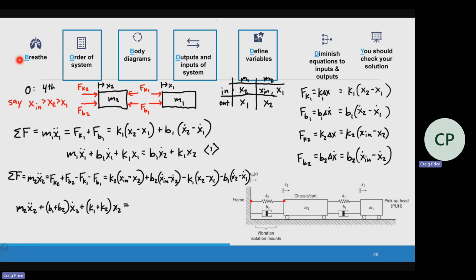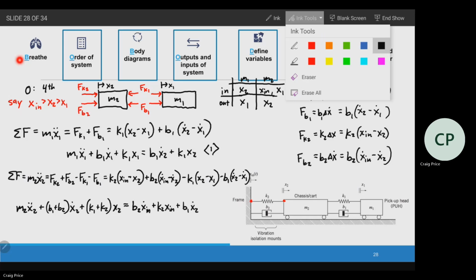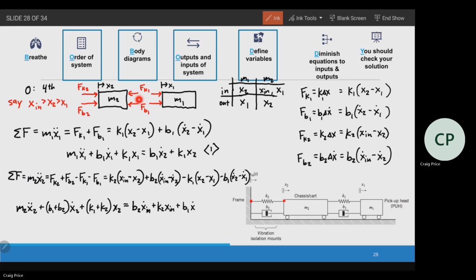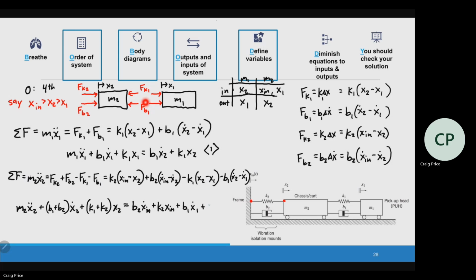And then we have B2 Xn dot plus K2 Xn plus B1 X2 dot, no wait, X1 dot. Plus K1 X1.